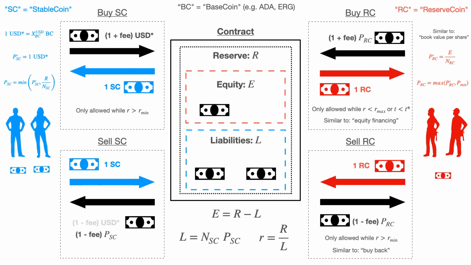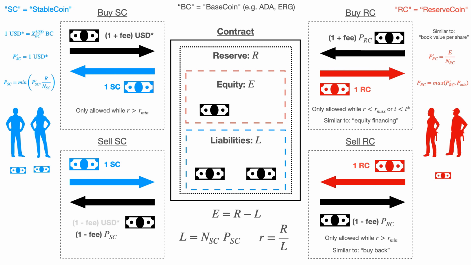If we didn't have this condition of allowing the buying of reserve coins when the time is smaller than T star, then you basically wouldn't be able to initialize the stablecoin protocol, because all these conditions would be too strict, and you wouldn't be able to satisfy them.